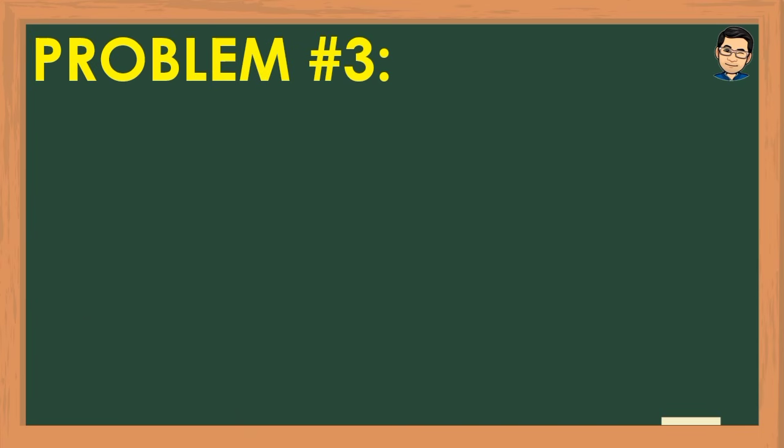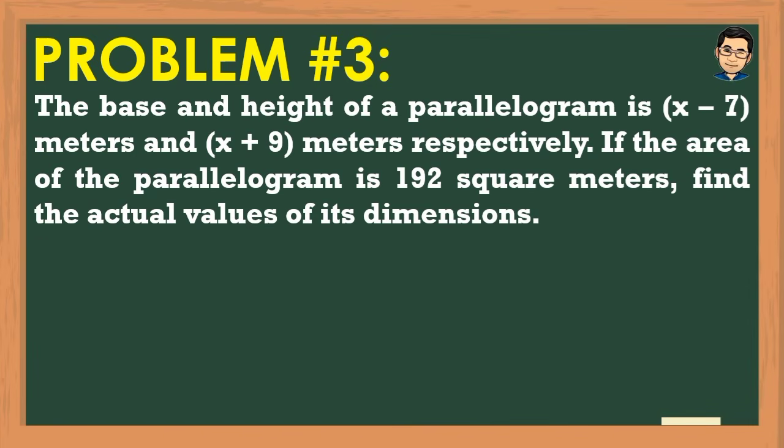So, for problem number 3 and number 4, application po siya ng polynomial equations. Let's have number 3. The base and height of a parallelogram is x minus 7 meters and x plus 9 meters respectively. If the area of the parallelogram is 192 square meters, find the actual values of its dimensions.